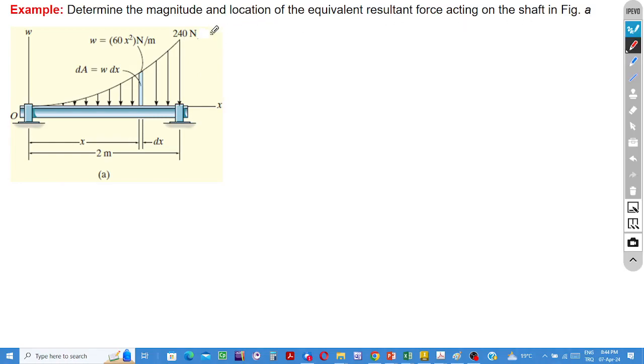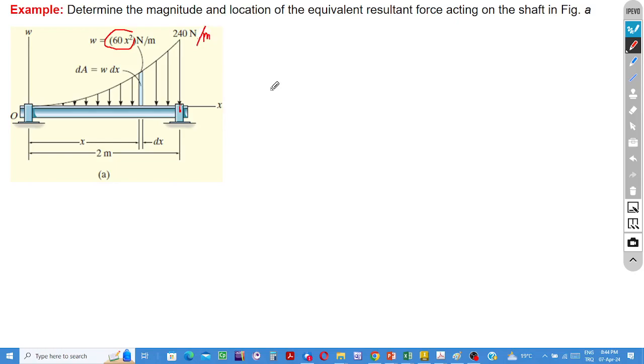If we substitute the value of x for this point into the load function, 2 is the x value for this point, the square of 2 is 4, 4 times 60 makes 240 newtons per meter.